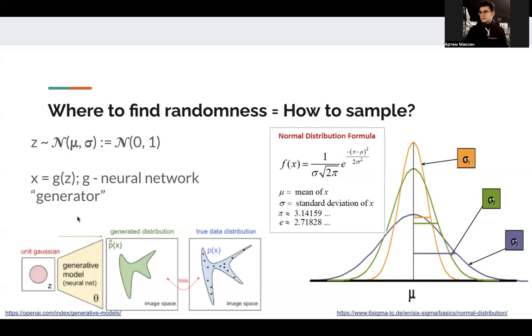Where to find randomness? Well, we will take some easy distributions, for example, Gaussian noise.